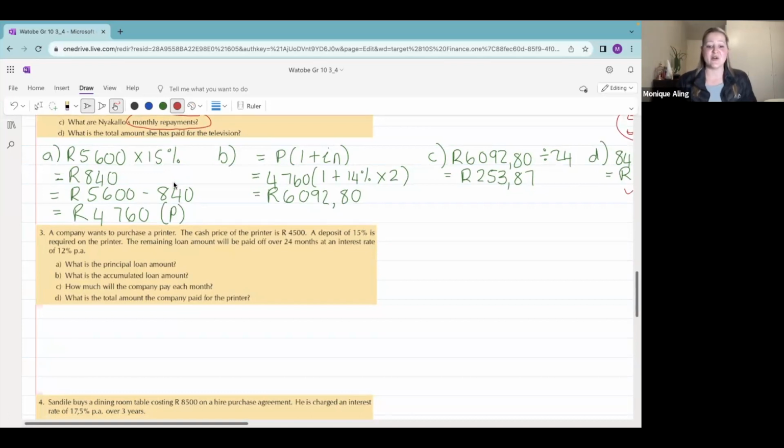The remaining loan amount will be paid off over 24 months at an interest rate of 12% per annum. Okay, question A, what is the principal loan amount? So we all know the very first step is to work out the deposit. Who's going to offer to tell us how to do that? Would like to hear some other voices, please.